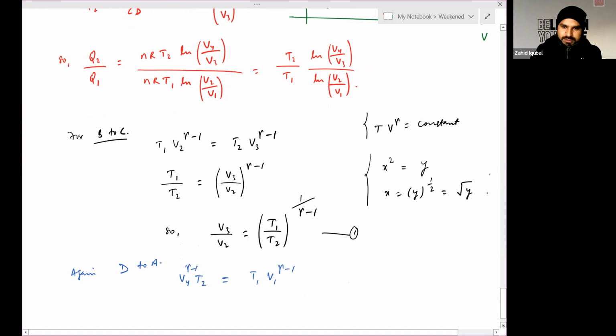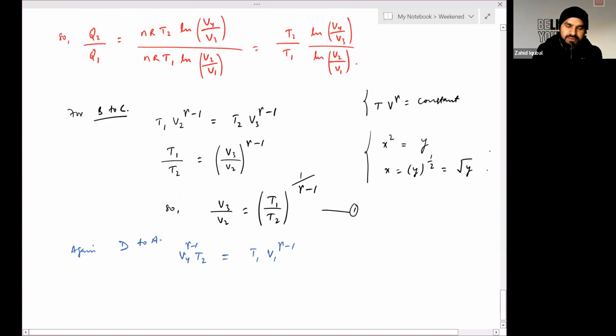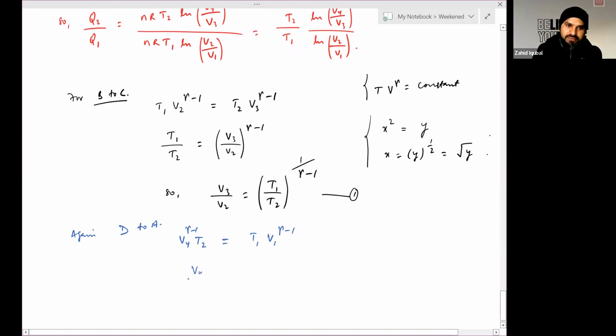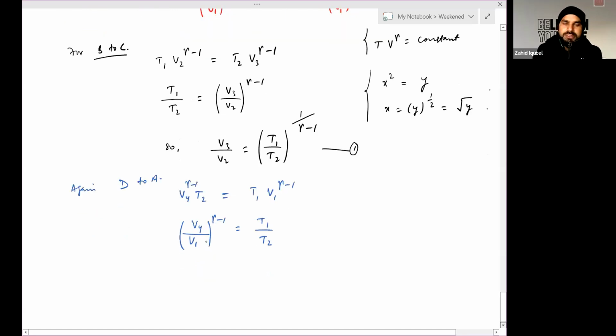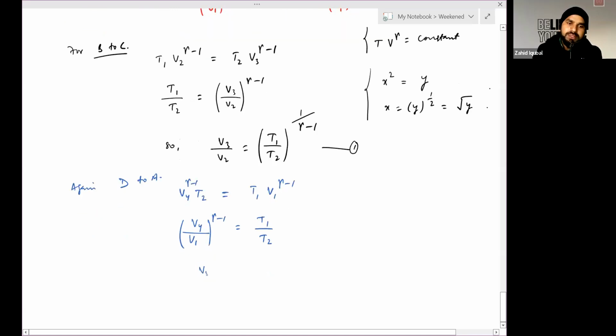Just move T2 to the other side and you'll get V4 divided by V1 whole to the power gamma minus 1 equals T1 over T2. Or if you move this exponent to the other side, you'll get V4 divided by V1 equals T1 divided by T2 whole to the power 1 by gamma minus 1. Let's say this is equation 2.